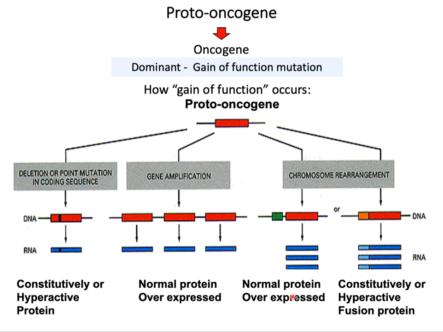So for example, when a proto-oncogene is on a normal chromosome, there is a promoter that is driving its expression. But that promoter is highly regulated. It is kept off except in the specific part of the cell cycle where it is needed.